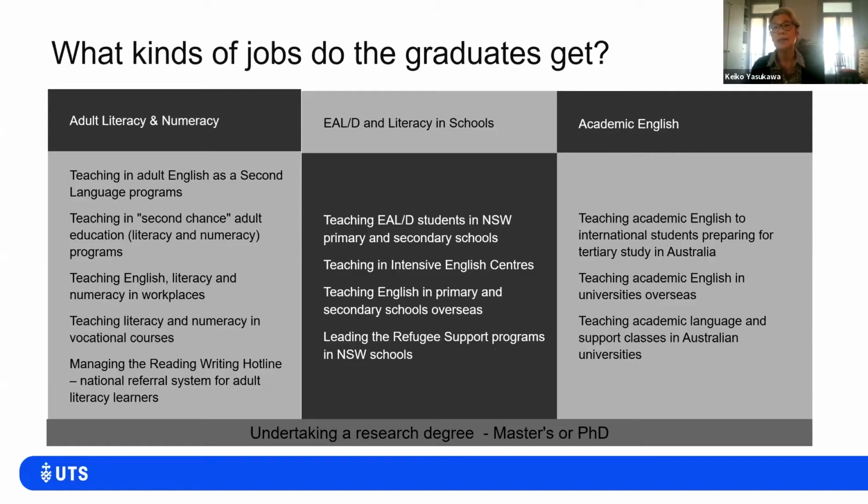And this may be to enhance their employability, or it may be adults who have become parents and they want to be able to help their own children with their school literacy and numeracy, or they're adults who had never overcome the stigma of not being able to read very well or not being able to manage their everyday numeracy needs.